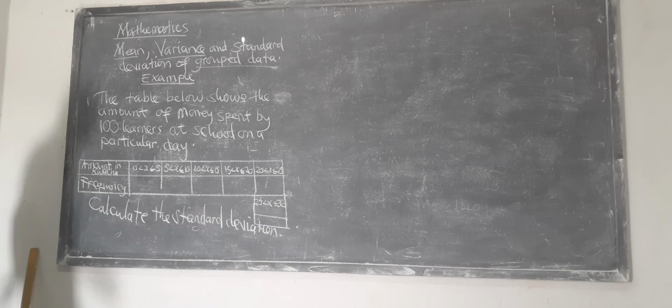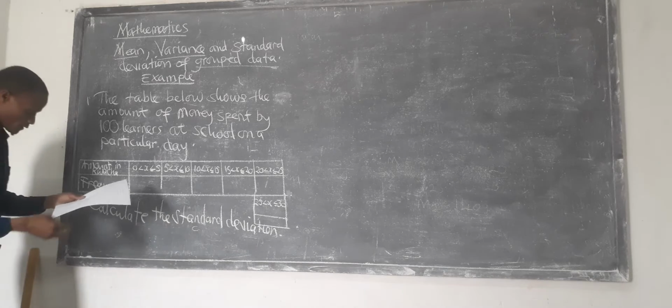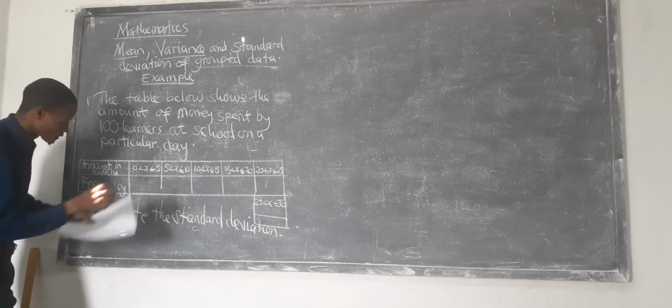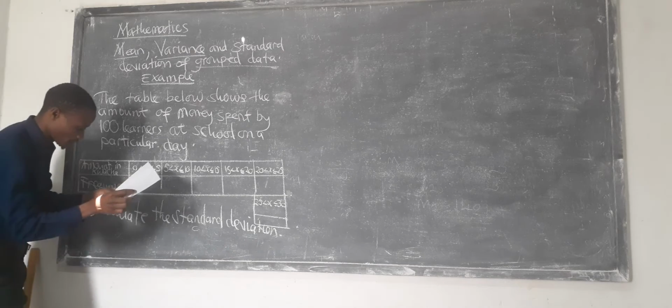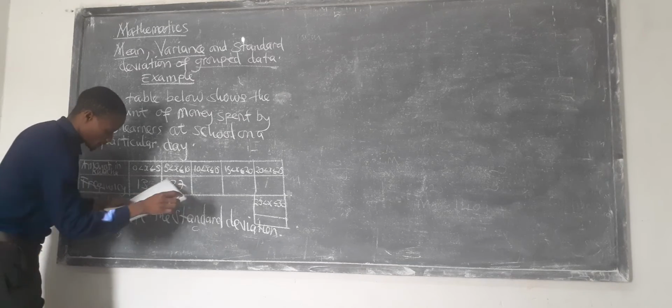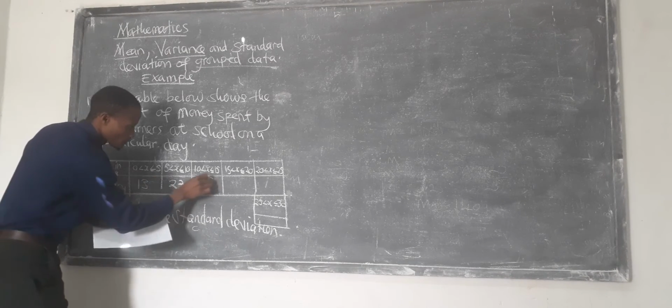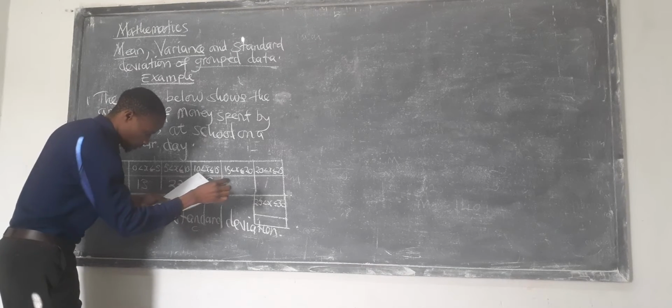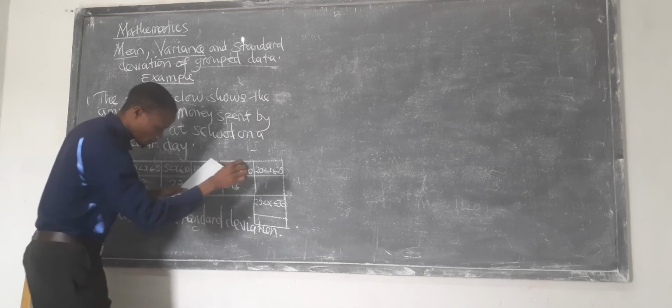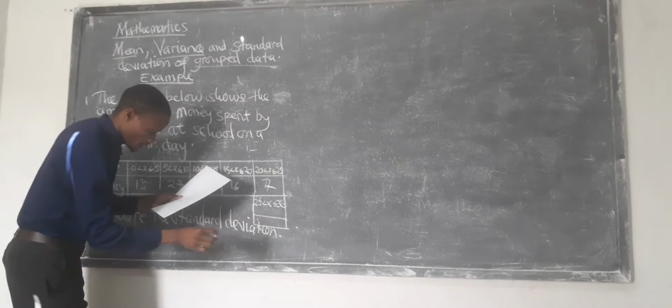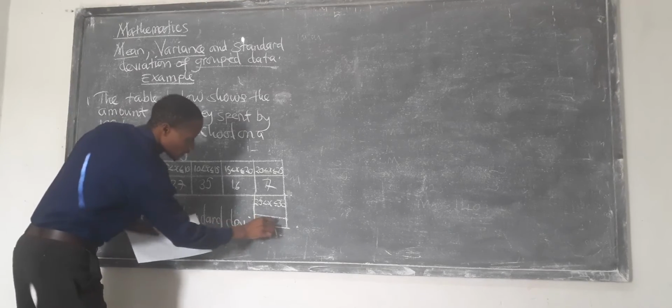I forgot to put the frequencies, so we have 18 here, 7, 25, 16, 7, and the last one is 2.